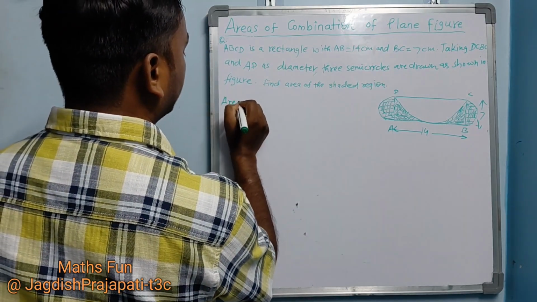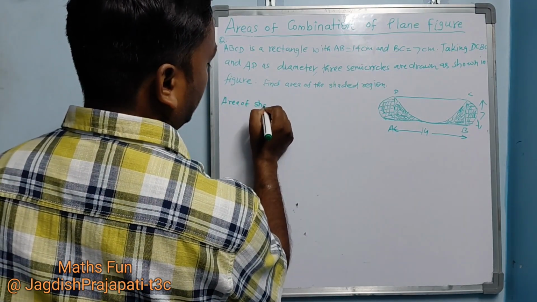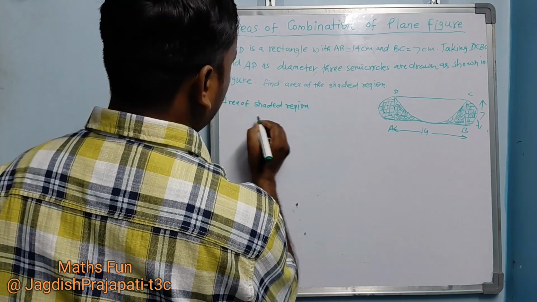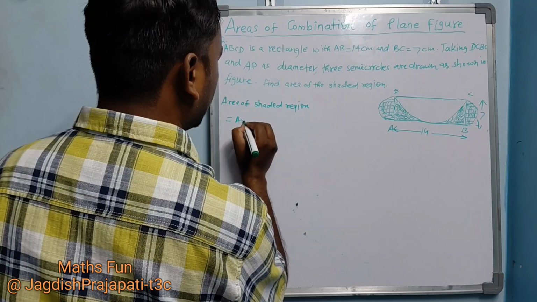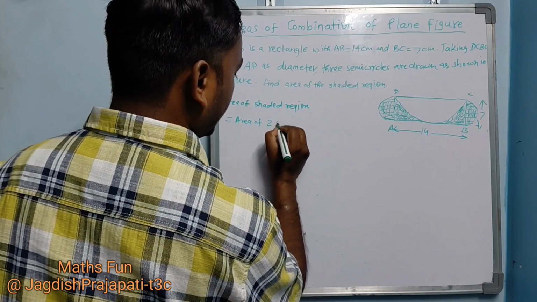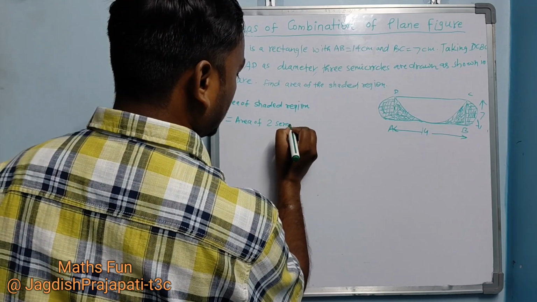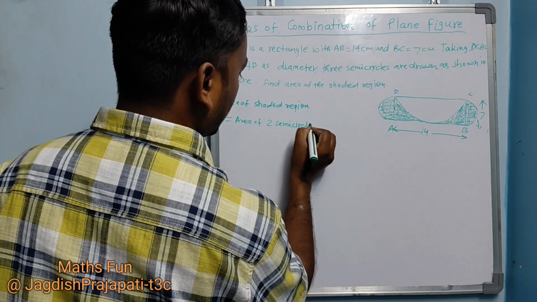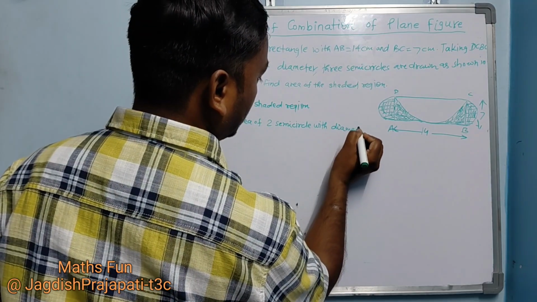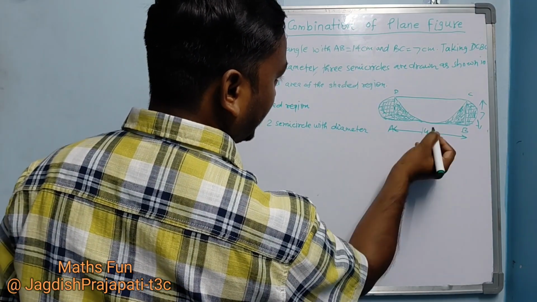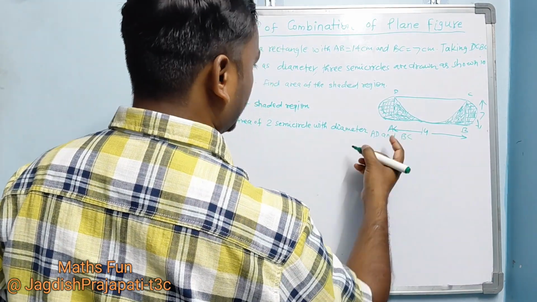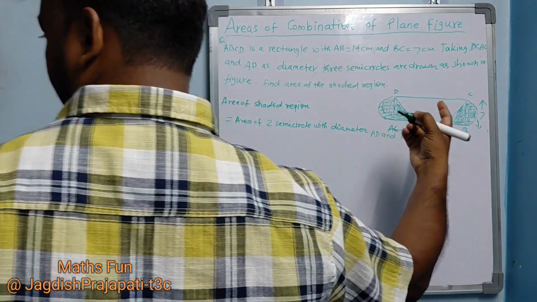So area of the shaded region will be the area of two semicircles with diameter AD and BC. These two are diameters.